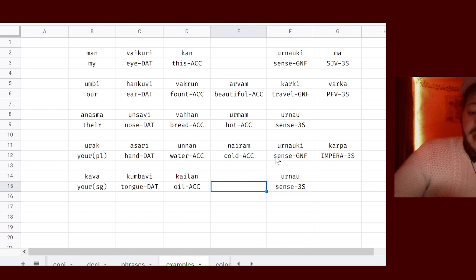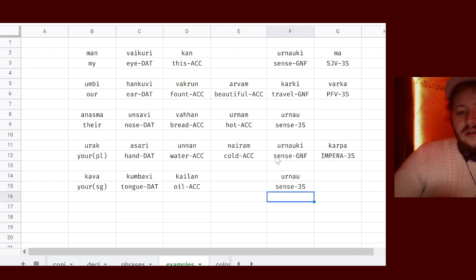Kava kumbabi kailan urnau. And I decided I wanted rising intonation for questions here because that's a really typical thing in Indo-European languages. So I was like, why not just do that here too? Rising intonation for yes-no questions. And then there's often falling intonation for WH questions. And I think I'm going to do that in this language too.